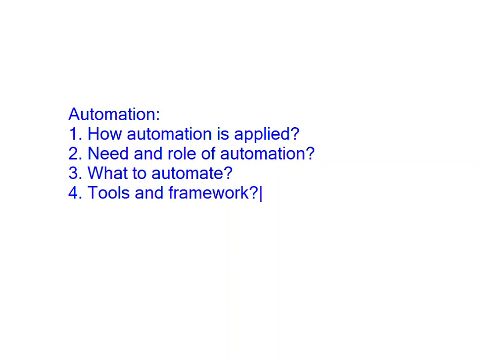It is the automation which has enabled the DevOps team to deliver faster with less or no failures. Having said that, the role of automation in DevOps is very important and very crucial in delivering value to customer continuously. Let's answer together how automation is applied in DevOps practice along with what to automate, because both of these questions gets answered together.